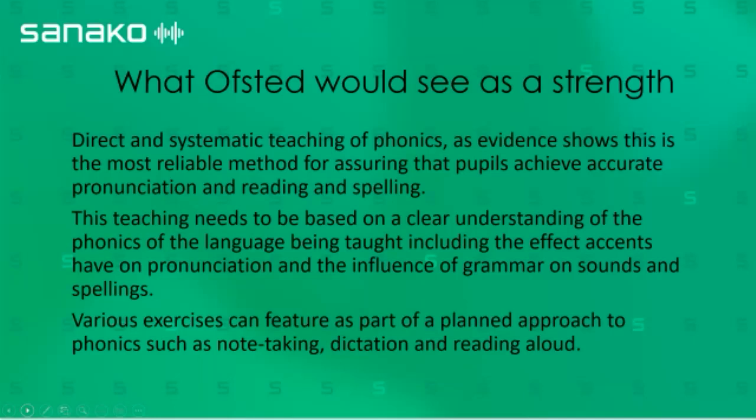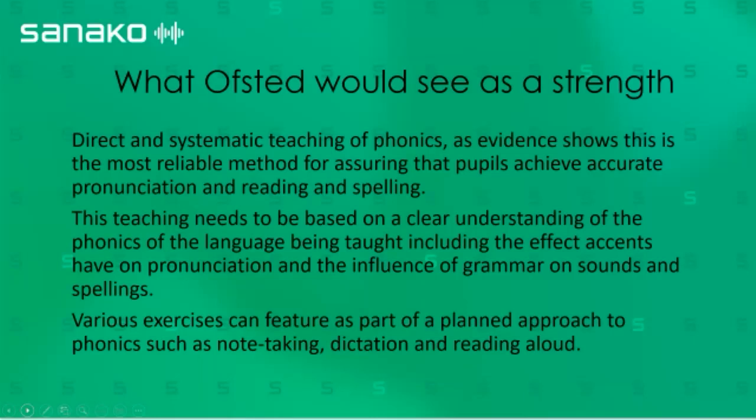And according to the recent Ofsted training materials around MFL, what Ofsted would see as a strength is direct and systematic teaching of phonics. This is very much linked to how phonics is taught in English primary schools to help children to learn to read and write, as evidence shows that it is the most reliable method for assuring that pupils achieve accurate pronunciation, reading and spelling.